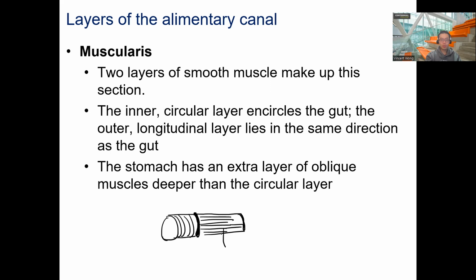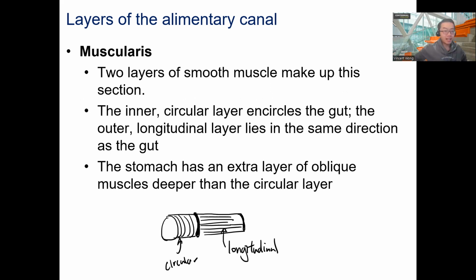The longitudinal is parallel to the length of the GI tract, and then the circular one is the inner layer. There are two layers here. So again, circular squeeze and longitudinal push. So squeeze, push, then you're going to let the food go forward, right?